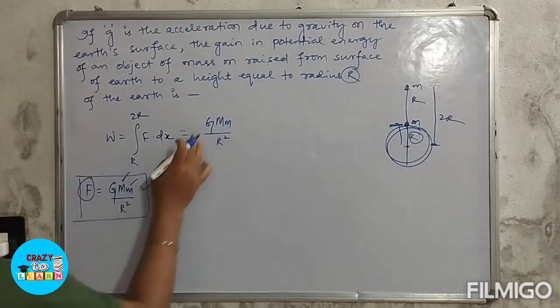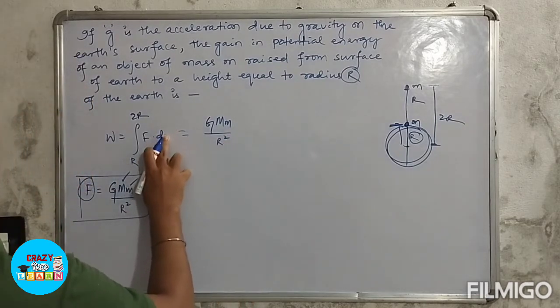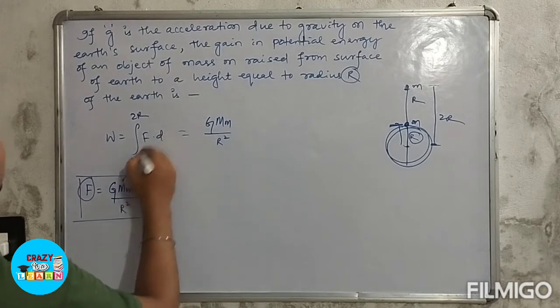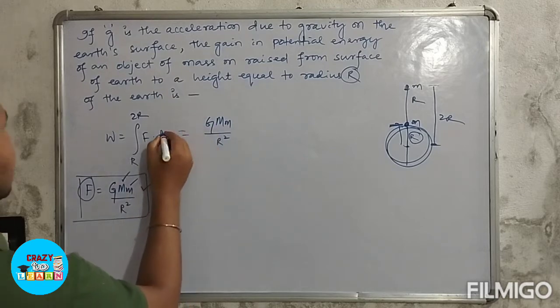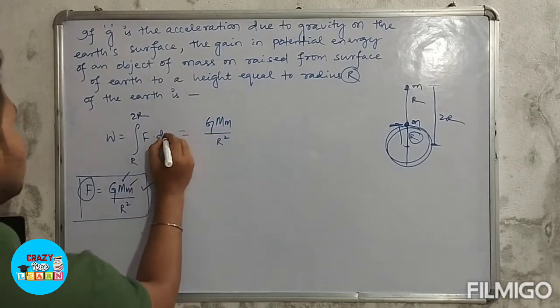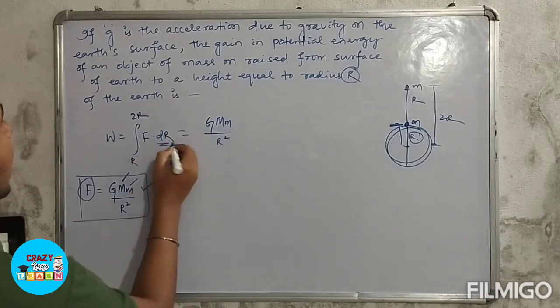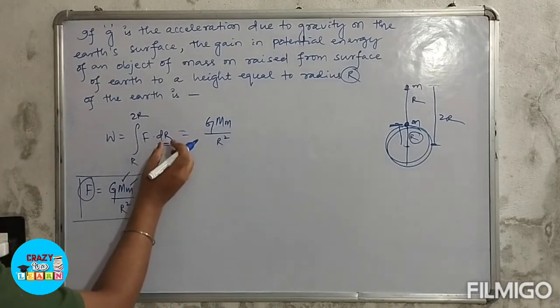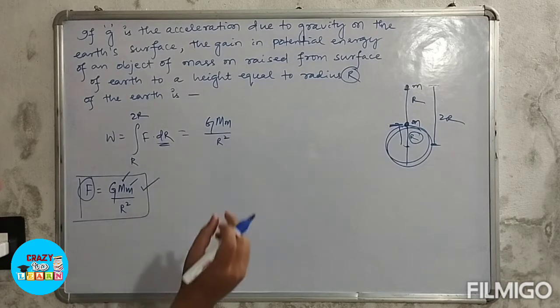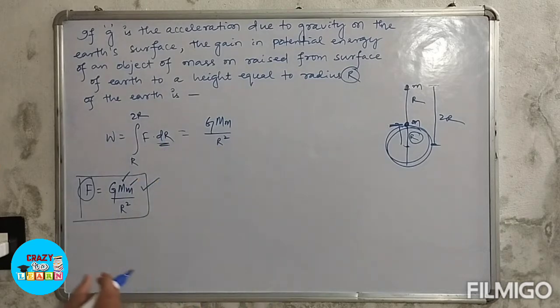As we are taking the radius, just take it as dr, where this dr or ds or dx indicates the displacement. Due to the force, whatever displacement occurred by the object.